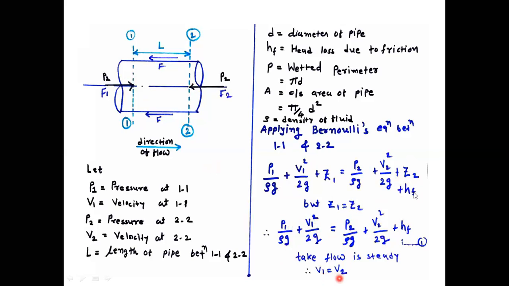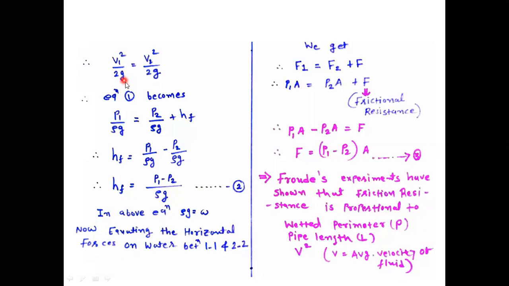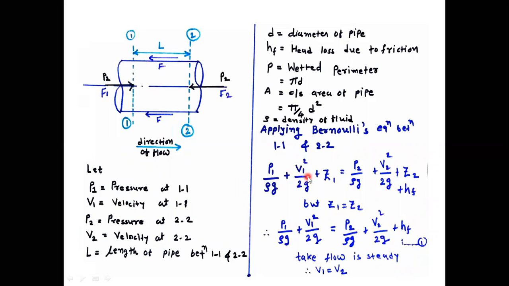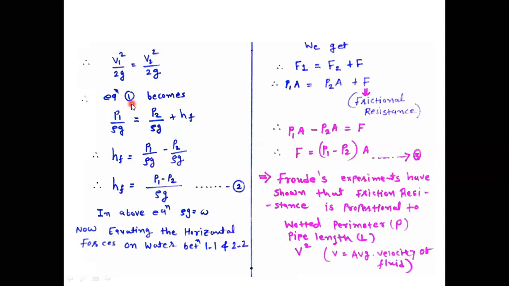Then V1 square divided by 2g is equal to V2 square divided by 2g, and these get cancelled out on both sides. So the equation reduces to P1 by rho g is equal to P2 by rho g plus Hf.